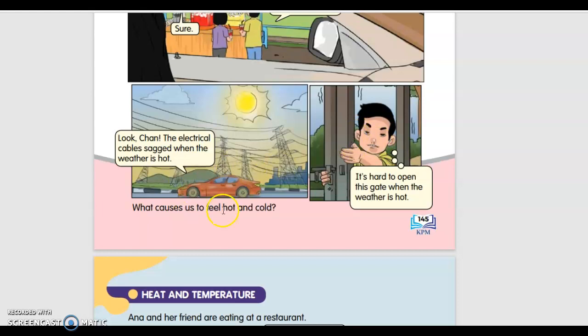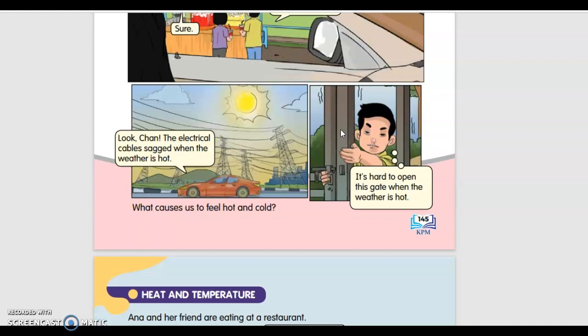So what causes us to feel hot and cold? Sometimes we feel hot, sometimes we feel cold. And if it is hot, we can see the environment. In this case, this boy can't open the gate because the gate is made of metal. Basically metal, what will happen?